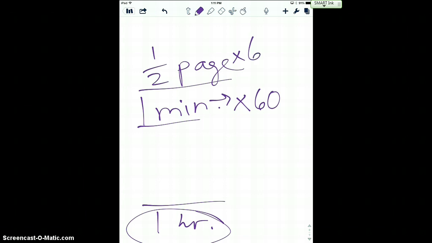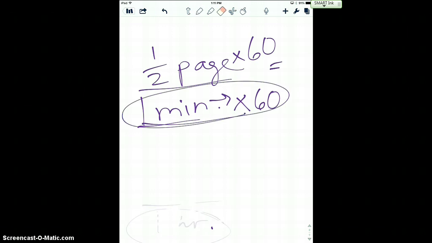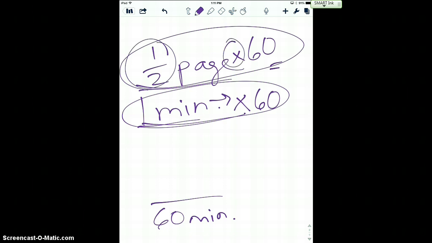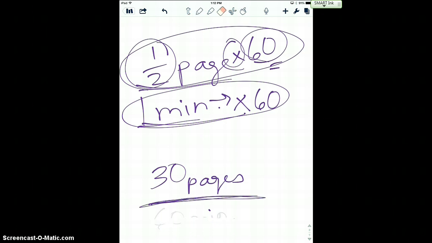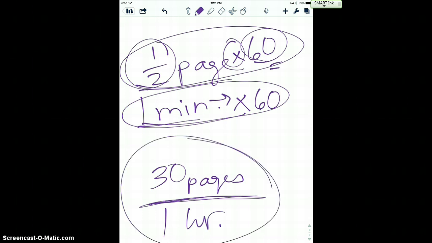Multiply by 60, multiply by 60. Because there are 60 minutes in an hour. So now I'll get 60 minutes here, right? So I'm going to change this. So I have 60 minutes. And on the numerator, what is half of 60? That's 30. So I have 30 pages per 60 minutes, which now I can just change 60 minutes to 1 hour. Cha-ching! And the problem is done.